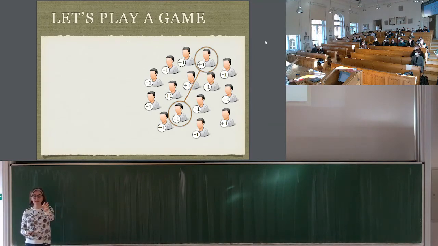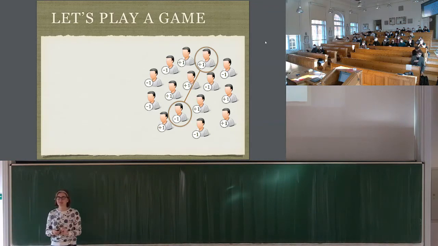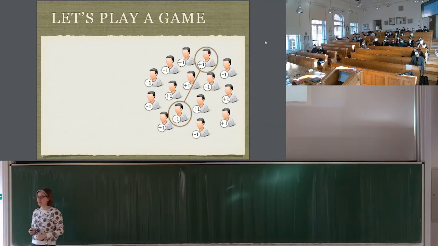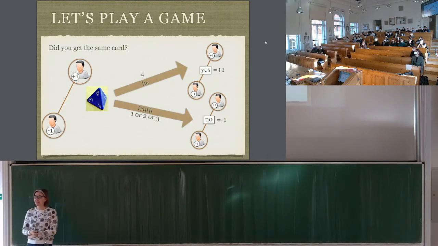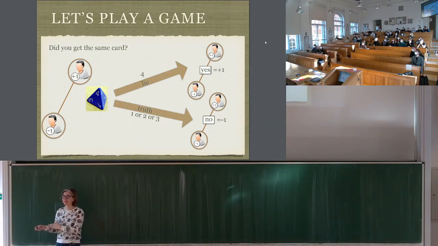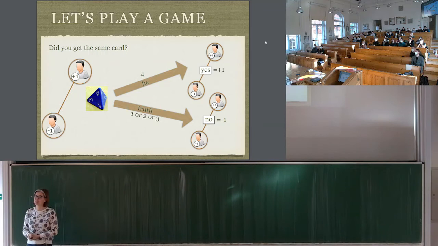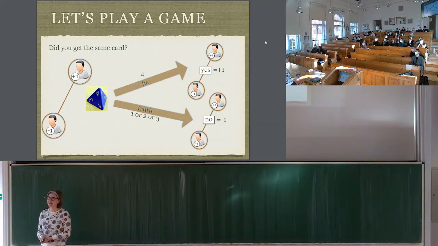I will pick some pairs among you, pretty much at random, as when I was creating this random graph. So I will go to you two, and I will give you a dice, for instance, four-sided. The graphs that I have later are for four-sided dice. And I ask you, okay, do you have the same cards or not? But before you answer, roll the dice.